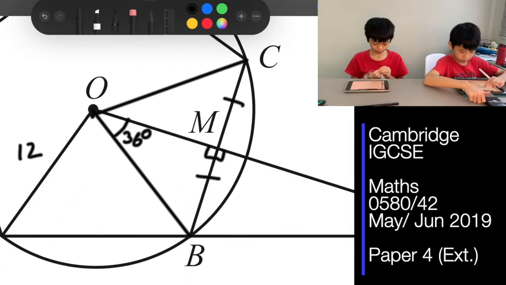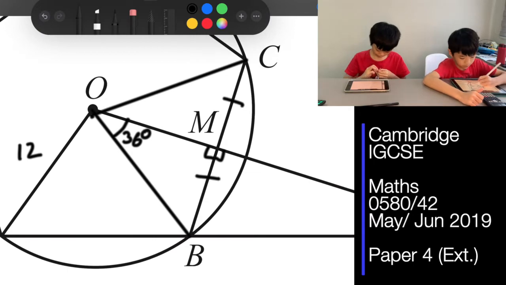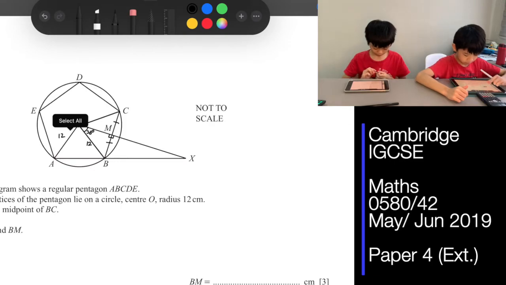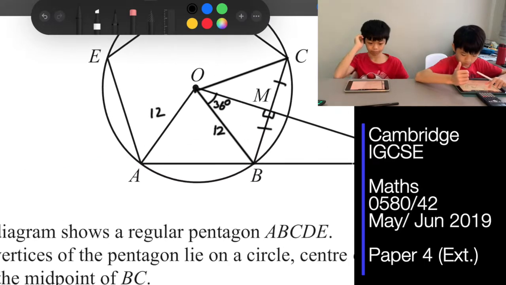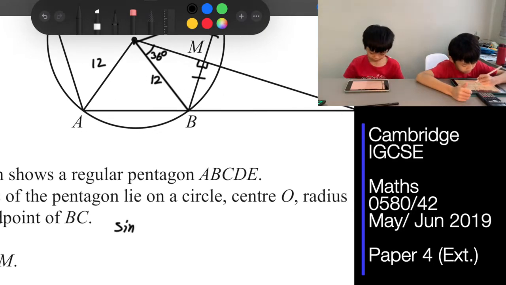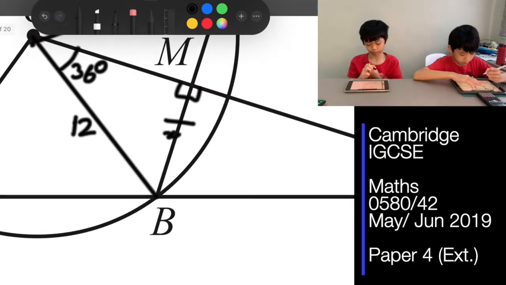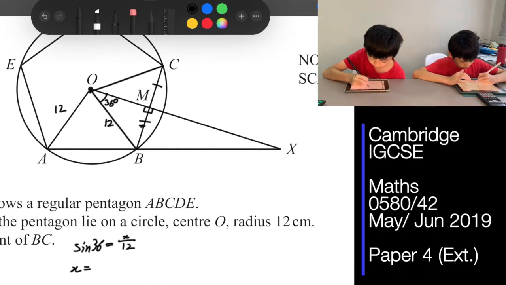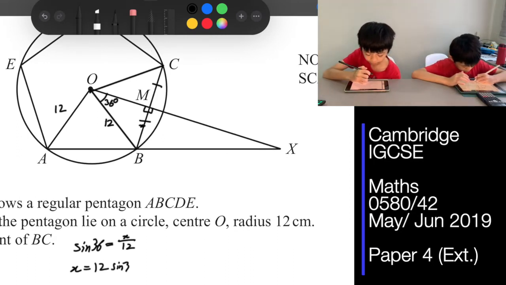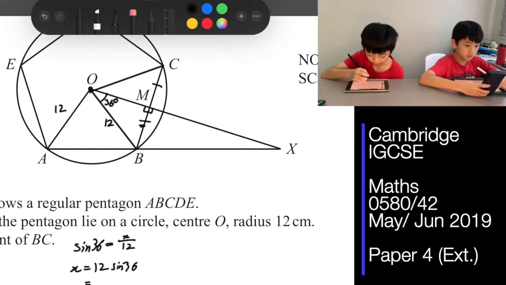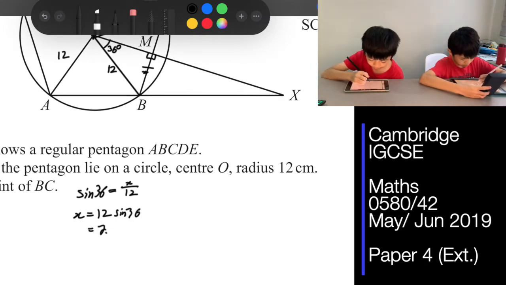We also know that this length is 12, because it's the radius too. So we can use sine. Sine 36 equals x over 12, where x is this length. So x equals 12 sine 36, which equals 7.05.